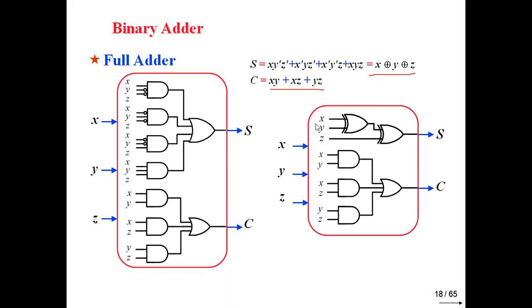So X with Y by using an XOR gate. Then the result of the two binary bits is again XORed with this one. Then this is the carry form. So the full adder circuit is also over.